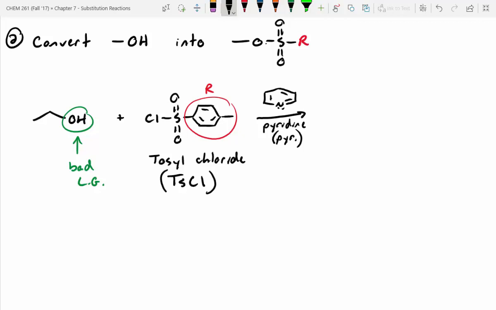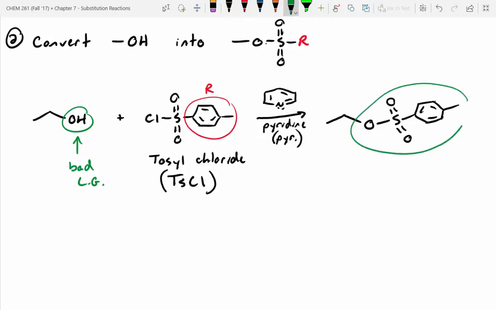When you do this, what you're going to do is convert that OH into a tosyl group. Now all of a sudden you have a good leaving group. Okay, so at that point you can isolate your product and then continue on with it.